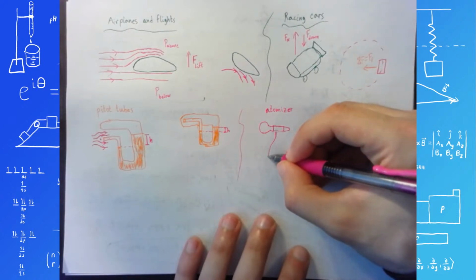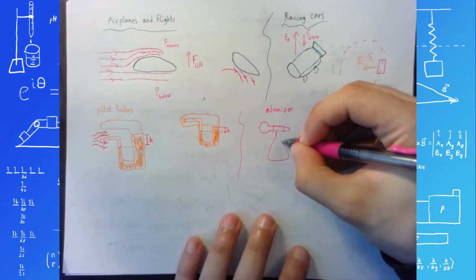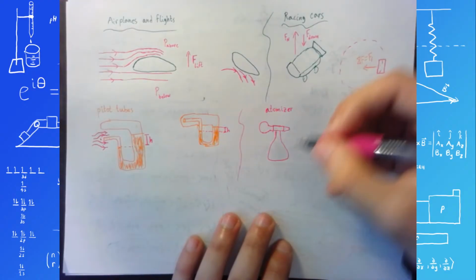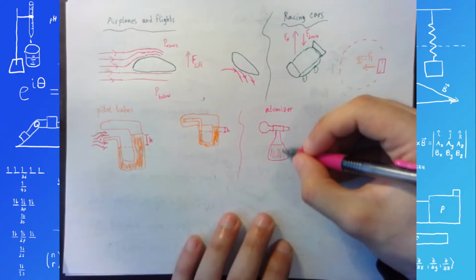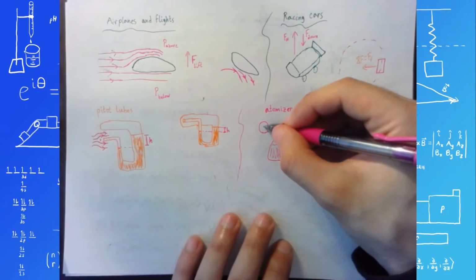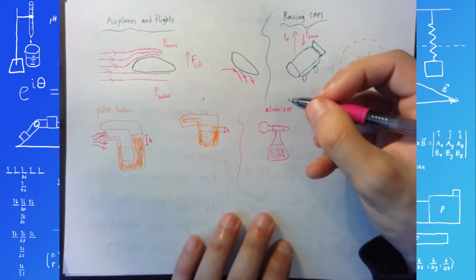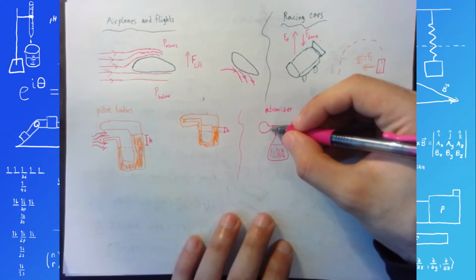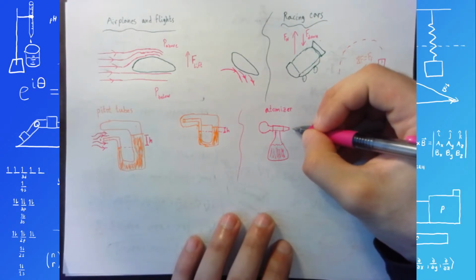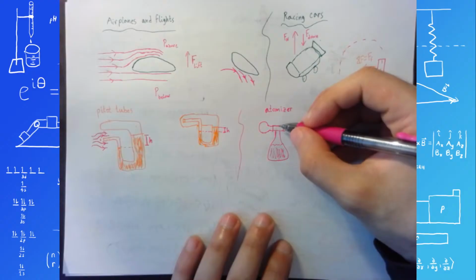So you have some sort of container, and there's going to be some sort of fluid in here, perfume, Lysol, whatever, and you squeeze the bulb or pull the trigger or whatever the mechanism is, and what that does is it pushes air out through here, and it gives it some sort of velocity, right?